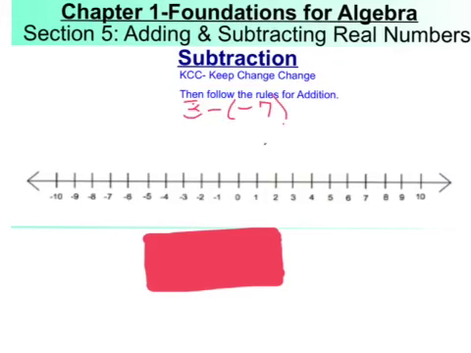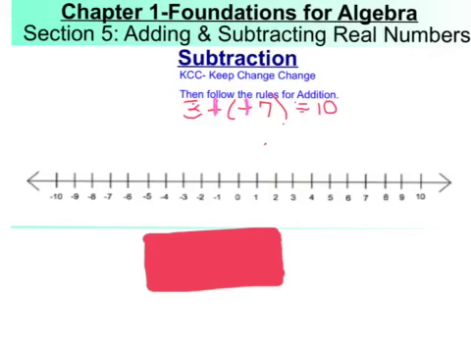Keep, change, change means keep the sign of the first, so this 3 stays positive. Change the middle sign to addition. Change the sign of the last number. And then follow the rules for addition. So now we have two numbers with the same sign, so we're just going to add them together, and we'll get positive 10.